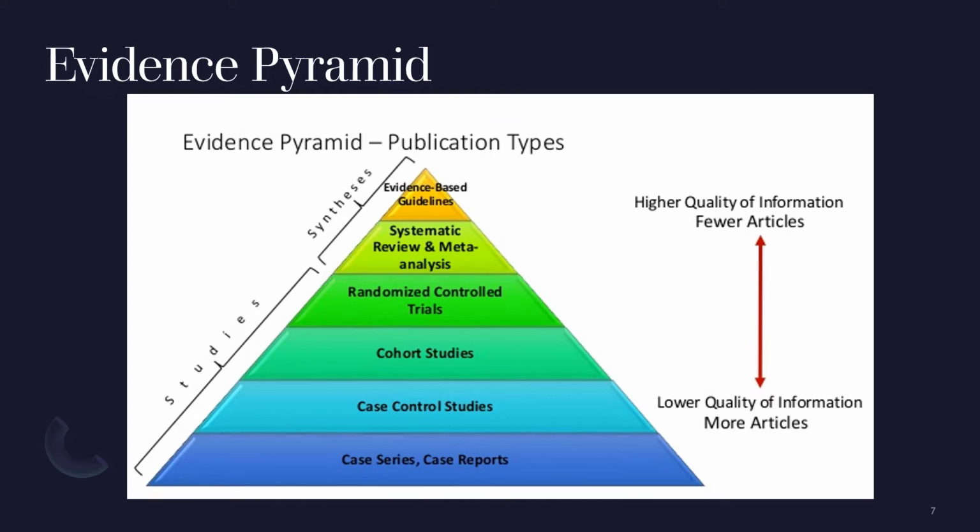Cohort studies and case control studies, while typically larger groups of people, it may be harder to tease out the causative factors in those kinds of studies. And then the same thing with case series, case reports, and finally expert opinion and, what do you call these?